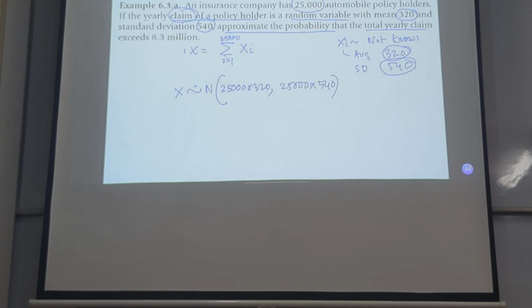This is the variance. And what we need to calculate is X greater than 8.3 million. Can we do it now?